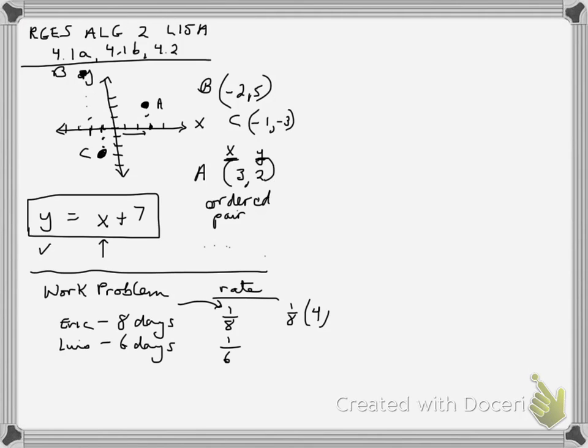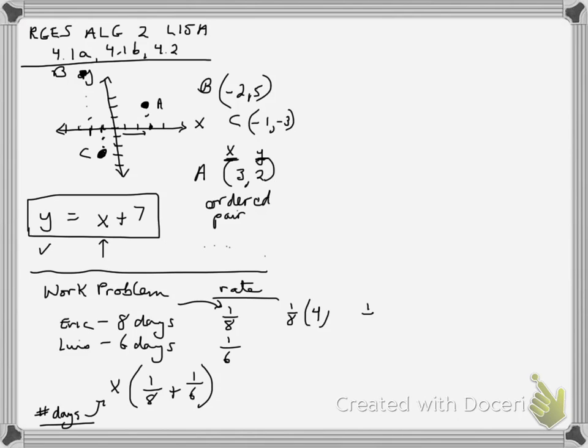Given that understanding, I can make an equation that looks like this. 1/8 plus 1/6, to work together, times x, the number of days. And altogether, well, let's go back to my Eric example.